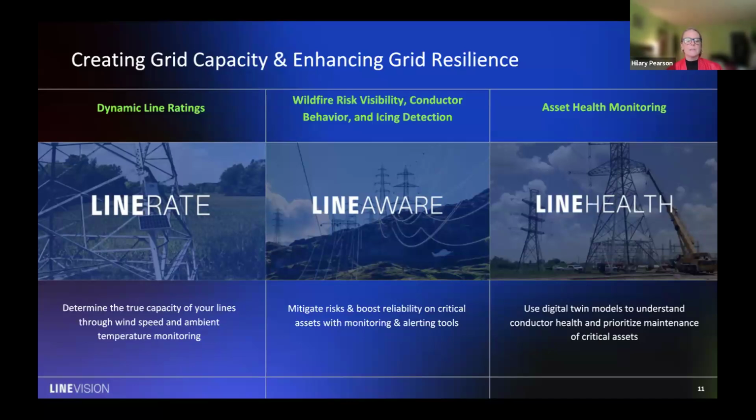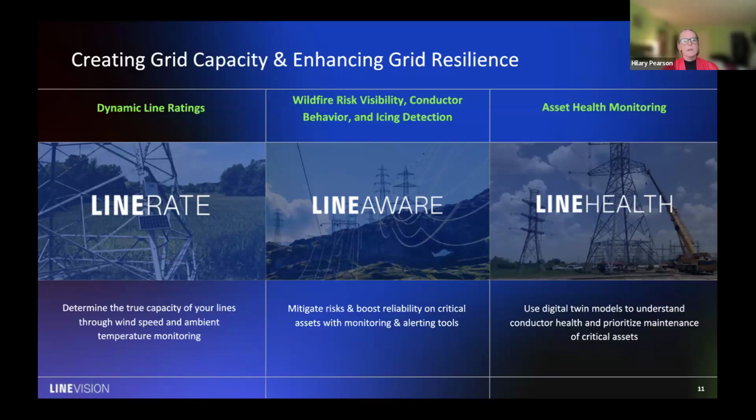So technology solutions like sensor-based dynamic line ratings can help to validate utility assumptions about their line ratings with field-based data, ultimately helping to ensure that lines are optimized and operated safely and reliably.